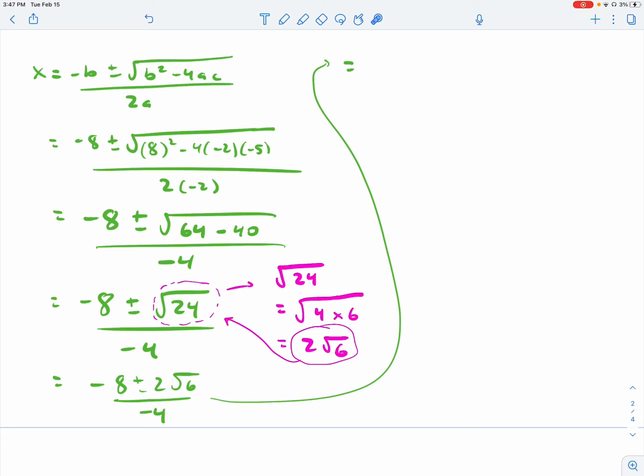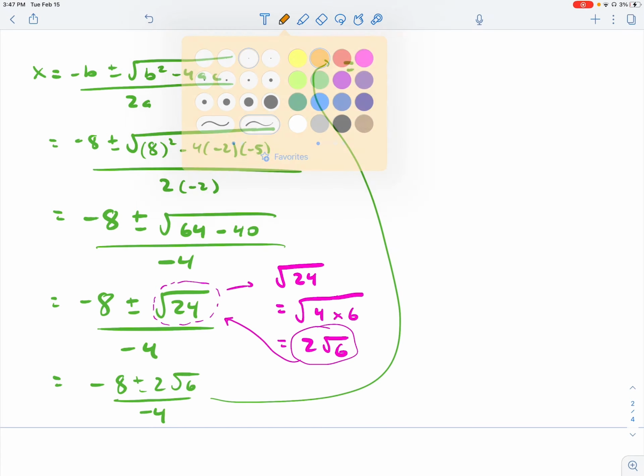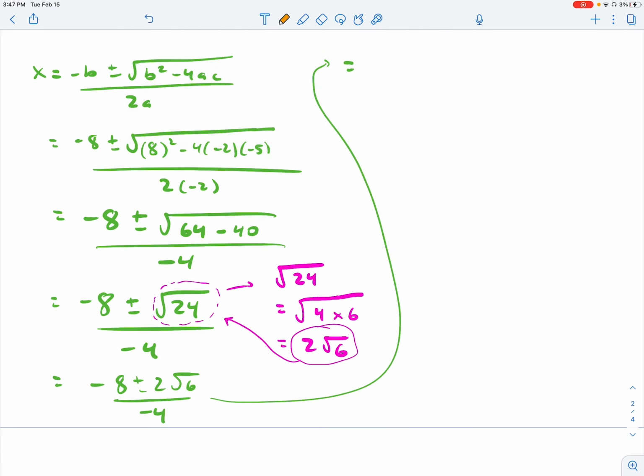So let's do this here. -8 divided by -2 is going to give me +4. 2 divided by -2 is going to give me just 1. And then -4 divided by -2 works out to just 2.